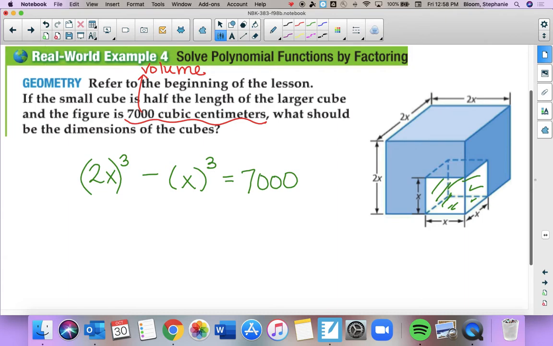Okay, so let's solve this. So what would 2x to the third give us? Not 6. 8, right? 2 to the third is 8. 8x cubed minus x cubed is equal to 7,000. Okay?